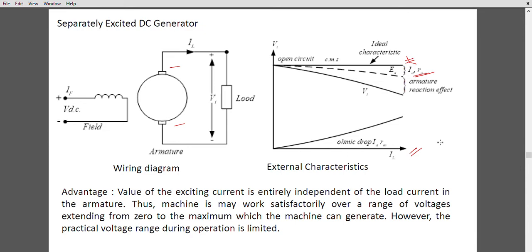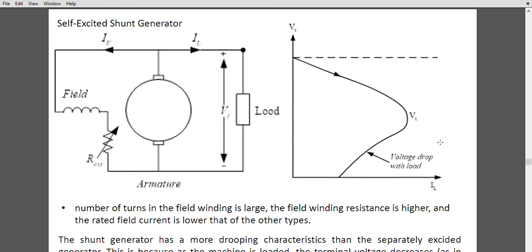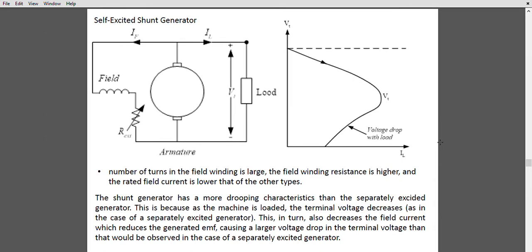Now coming to the self-excited generators. Here we can see the self-excited generator. We all are familiar with the circuit diagram of this DC self-excited generator.